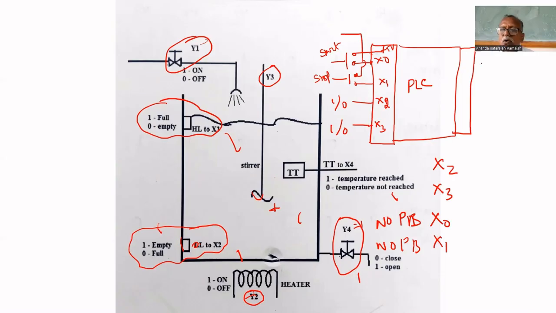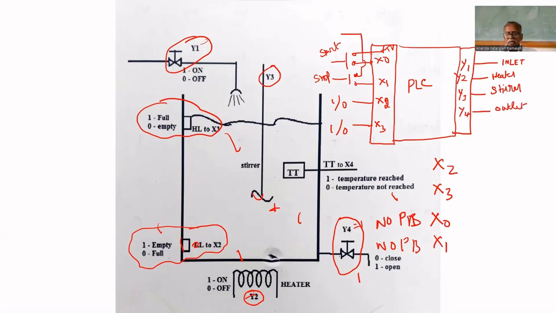Outputs: Y1 is the inlet valve. Y2 is to turn on the heater. Y3 is to turn on the stirrer. Y4 is to turn on the outlet valve.